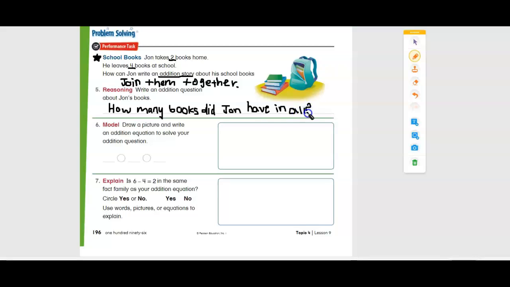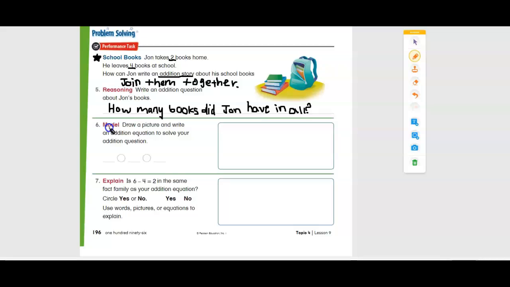So that is an addition question that we could ask John about his books. So if we know he has 2 books at home and 4 books at school, we can ask him, well, how many books do you have in all? In all. So we did that problem together because writing story problems is a new skill for us, and I know we are still working on it.